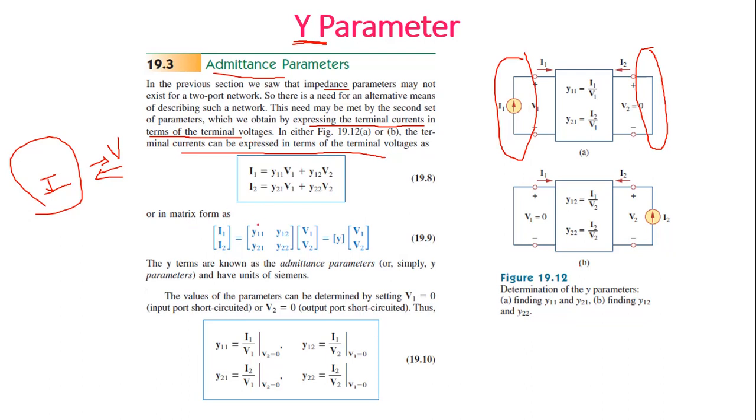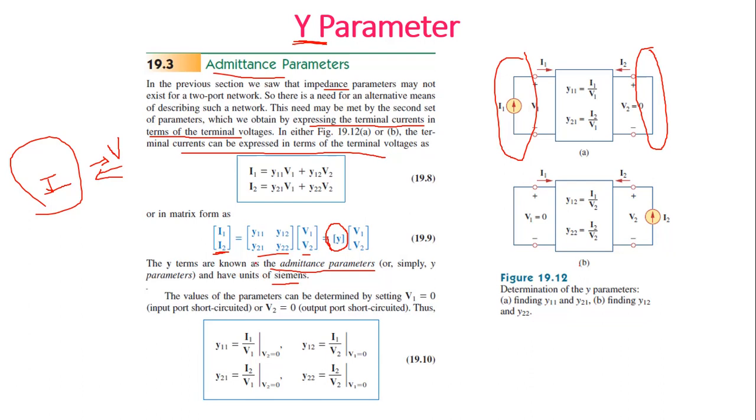This can be expressed in matrix form as the matrix [I1 I2] is equal to the matrix [Y11 Y12; Y21 Y22] times [V1 V2]. This matrix Y is known as the admittance parameters, and it has a unit of Siemens. Admittance is the reciprocal of impedance, so the unit of impedance is ohm and the unit of admittance is Siemens.